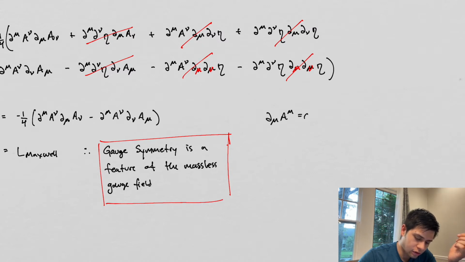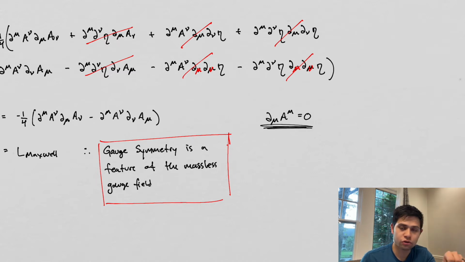If you recall, we can always shift our field by this scalar so that this is true, because our Lagrangian is always invariant under any shift in some scalar function. Okay.